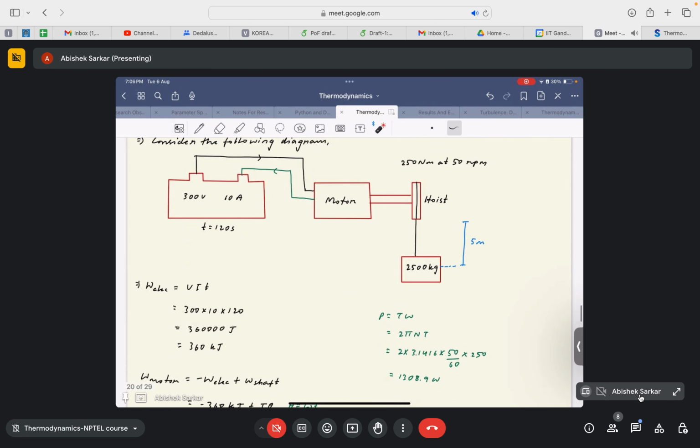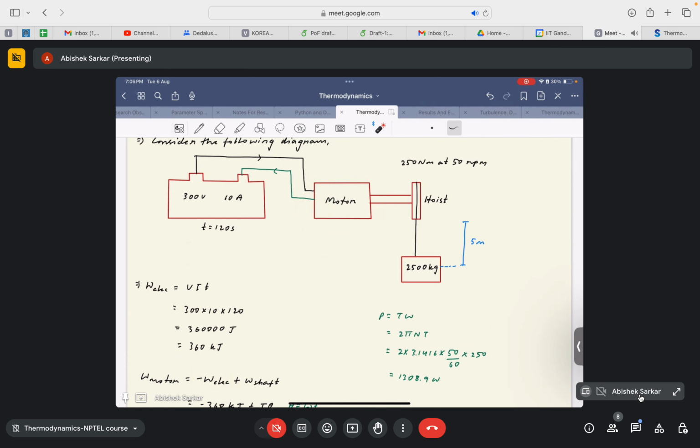Okay, now the work done by the motor. In the case of the motor, we will have two kinds of work interactions: the work input from the electrical source and the work output to the hoist mechanism. Since the work is done on the motor by the electrical source, that work interaction would be negative.